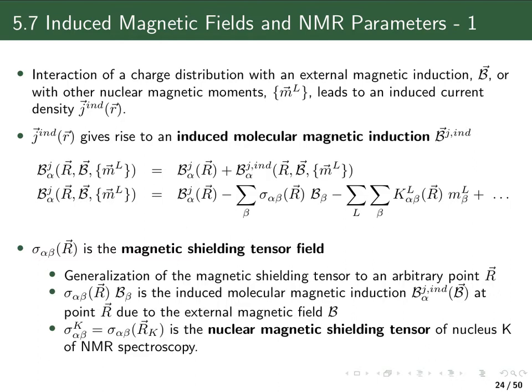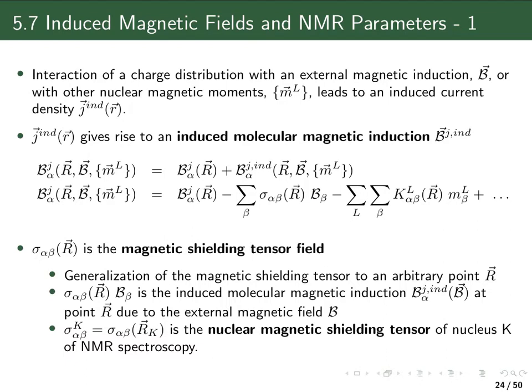So like always, we will now expand this induced molecular magnetic induction in a power series, where here I only write up the linear terms. So I have a contribution to this induced molecular magnetic induction coming from the external magnetic field, which is linear in the external magnetic field, and the proportionality constant.